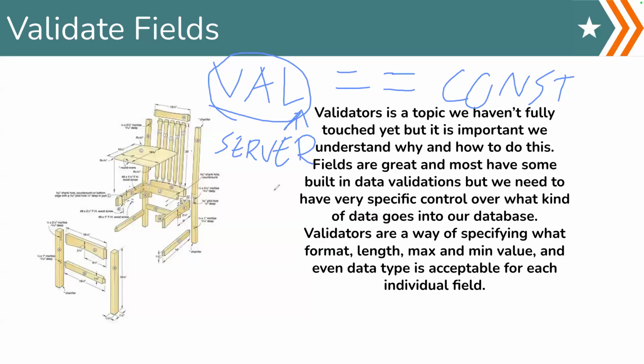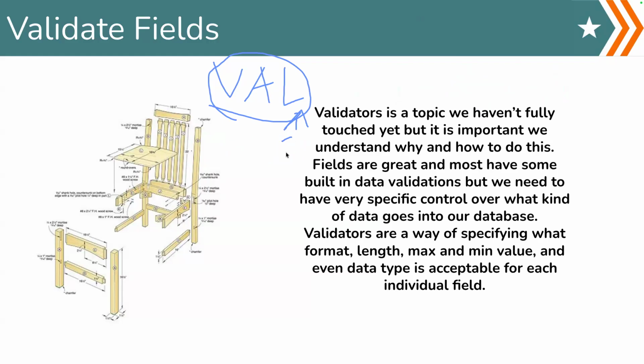If the validation fails, it never attempts to execute a query, right? It never attempts to run our insert query. All right. So I just want to make sure everybody's tracking. Validators don't exist within the database. They only exist in the concept of the server.